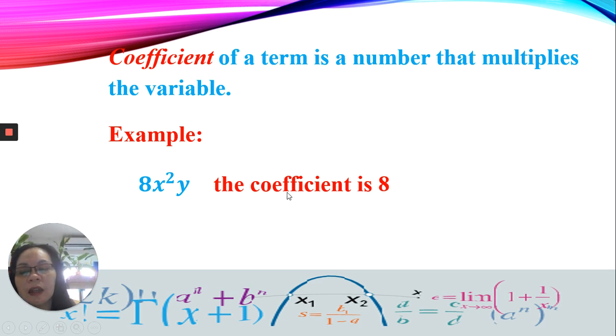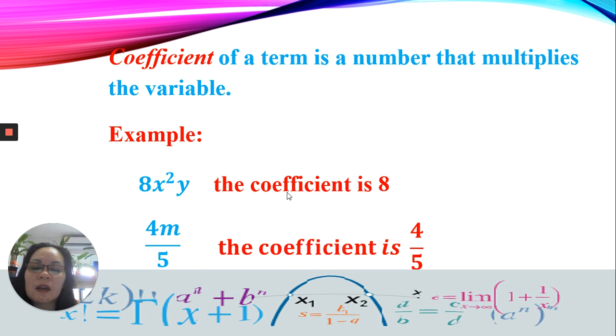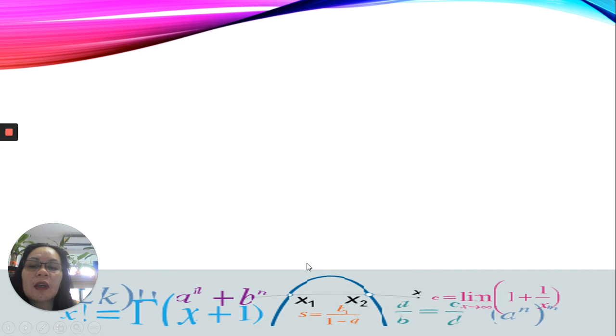And then another example, you have 4m over 5. The coefficient is 4 over 5. Now you might say, why not 4? Because 4 over 5 is a fractional coefficient. Another way of writing 4m over 5 is 4 over 5 m. They're just the same.